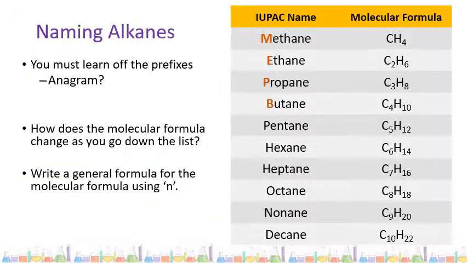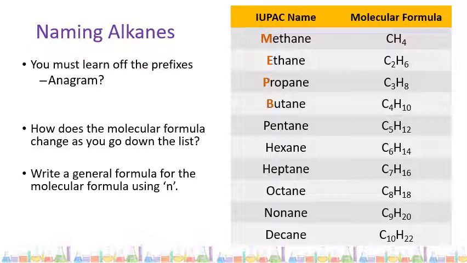Next, with naming the alkanes, just a quick note for you. You need to learn off these prefixes: meth, eth, prop, but, pent, hex, hept, oct, non, and dec, for 1 to 10.